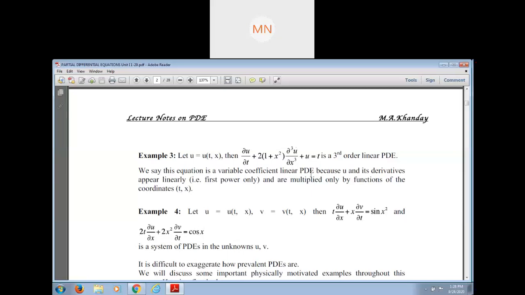In this type of equation, what is the order?